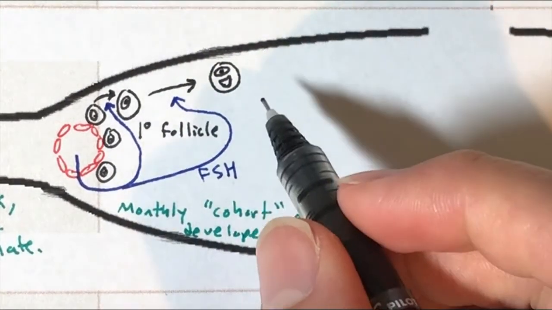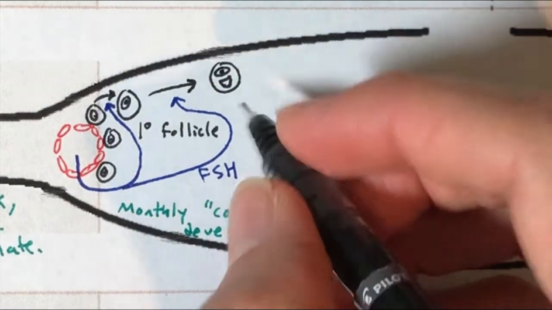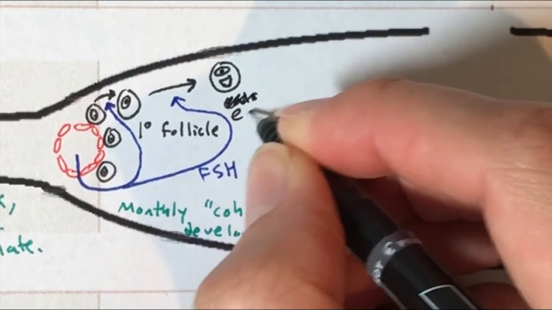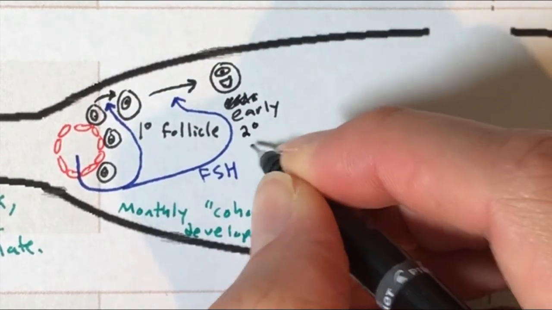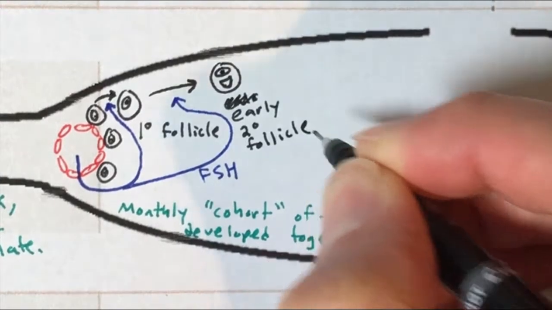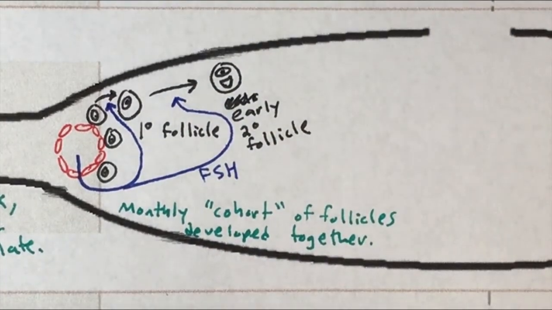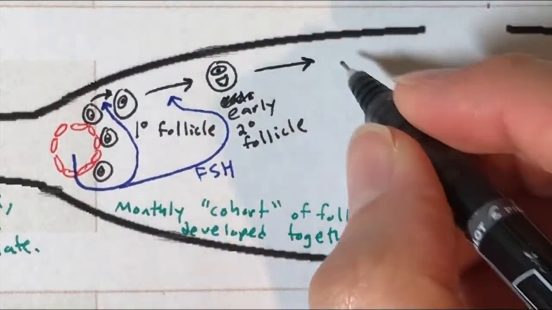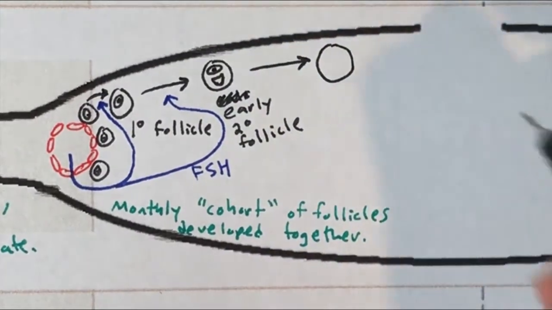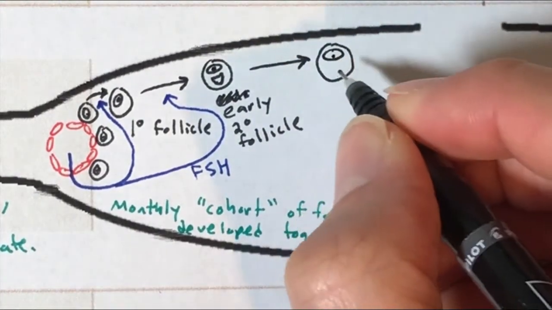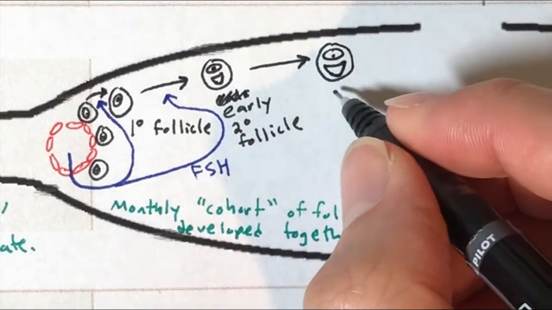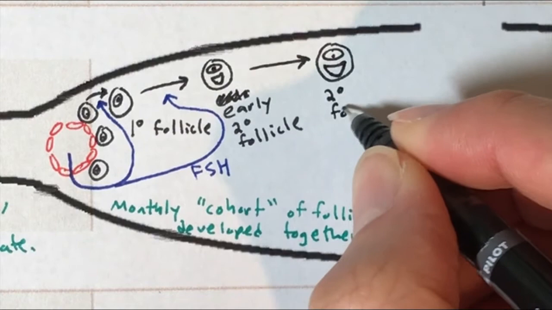And this guy is called an early secondary follicle. Development continues, gets a little bit bigger, then it becomes a secondary follicle.